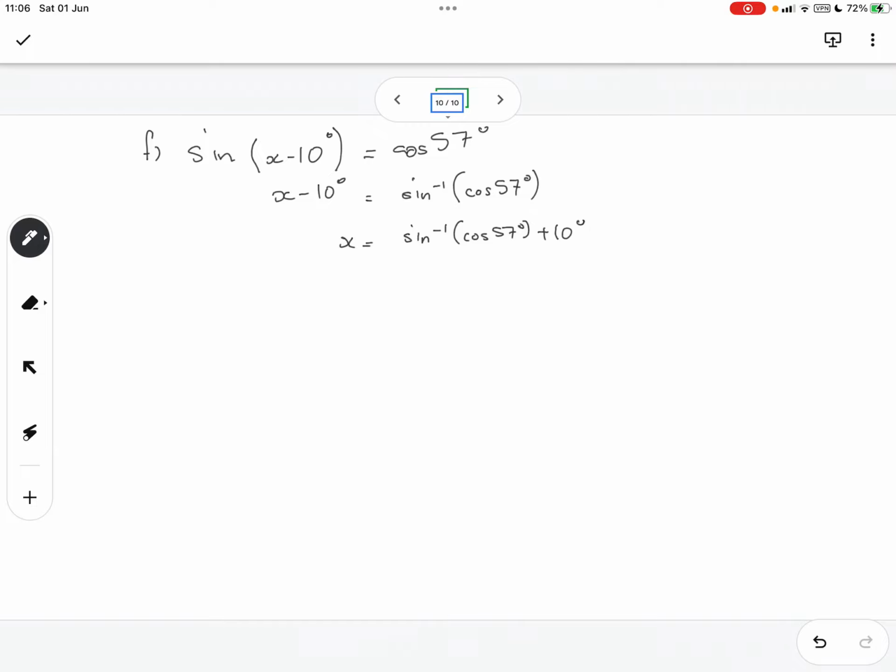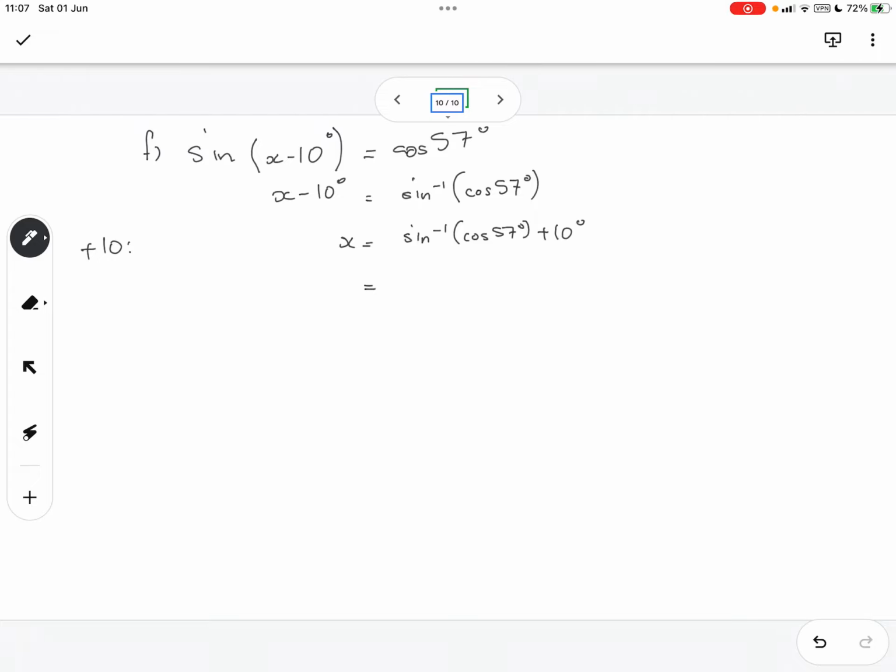We must take the arcsine of that and add 10 to it, because we do additive inverses in the other step. So the arcsine of it is how much? If we take the arcsine of cos 57, plus 10.